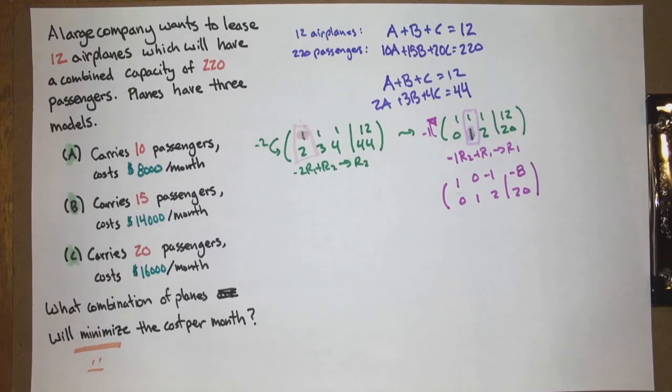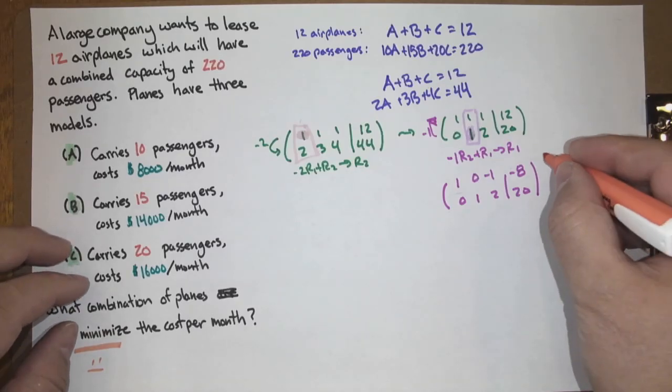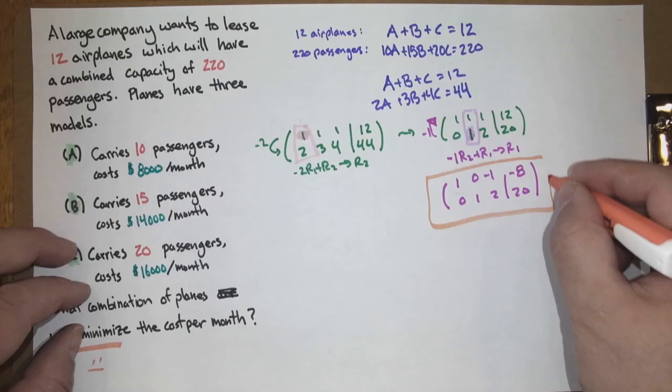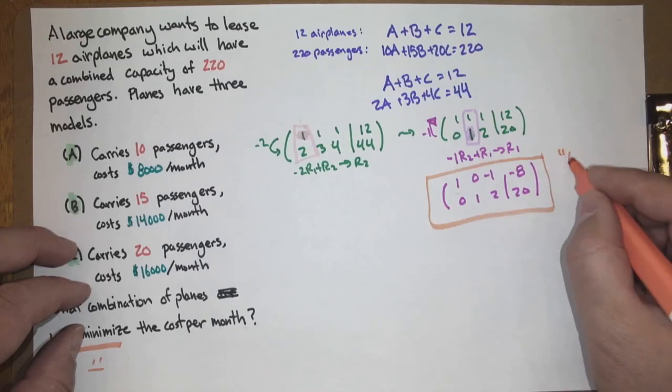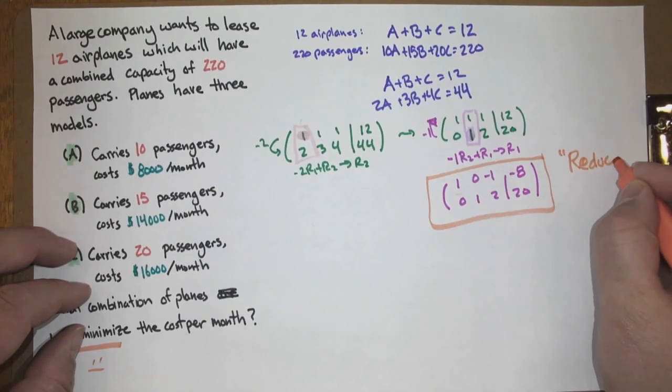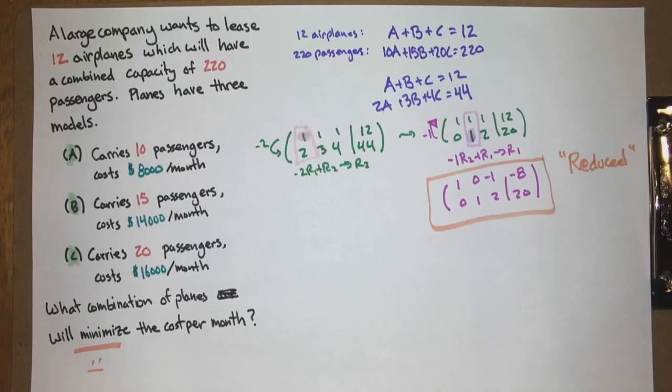All right. Now, at this stage, what's our next part of Gauss-Jordan elimination? The answer is, there is no more Gauss-Jordan elimination. This is it. This is what we called last time reduced. Every first non-zero entry is a 1.